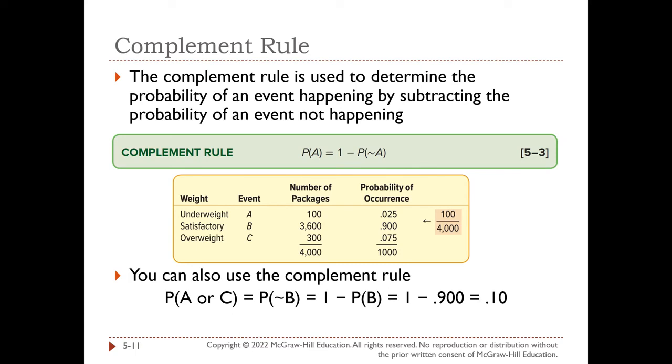Okay? So, here we're using the same example, except this time to find the probability of A or C, we want it to equal the probability of basically the complement of B, equal to 1 minus the probability of B. So this will equal 1 minus 0.90 or 90%, which will lead to 0.10, 10%.